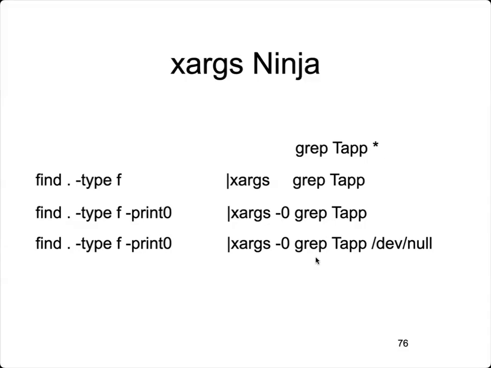So in order to fix that, we added /dev/null. So there'll always be at least two file names on the grep command so that it will output the name of the file that got the match.